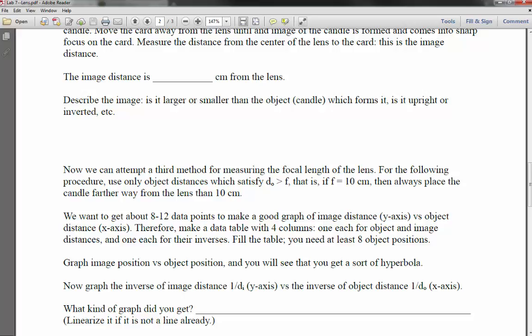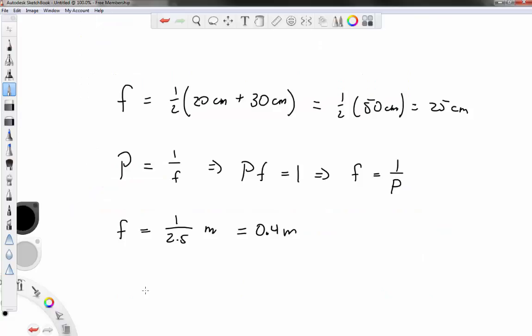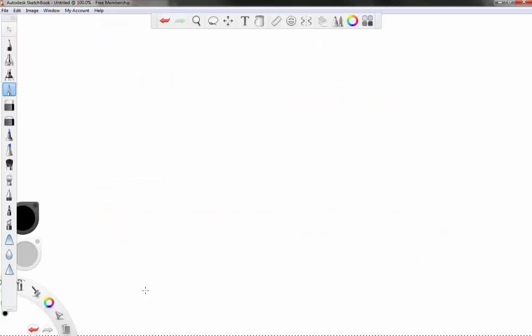The other part is finding the magnitude. We've been given that the distance to the image, di, is 12.5 centimeters behind the lens, so basically plus 12.5. That means the inverse of this distance, 1 over di, is 1 over 12.5 centimeters.